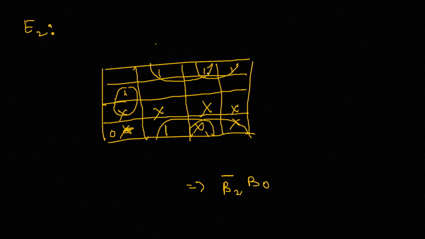The second grouping of 4 gives us B1, B2 complement, and this one grouping of 2 that we have gives us B2, B1 complement, B0 complement. Okay, so that is for E2, and similarly we can write for E1 and E0.